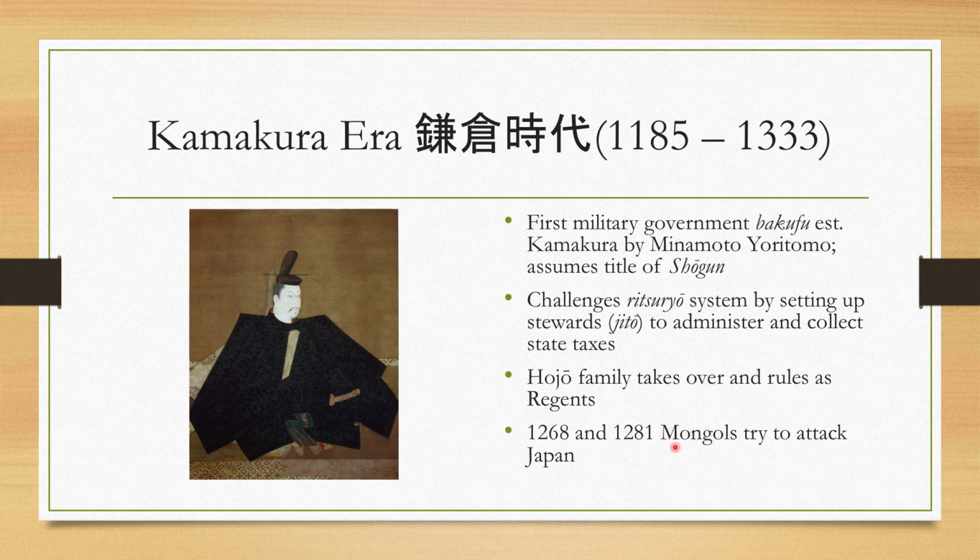And eventually, this led to the collapse of the Kamakura Bakufu, because both times, the invading Mongol troops of Genghis and Kublai Khan were repelled in storms and freak accidents that drowned their ships, basically.